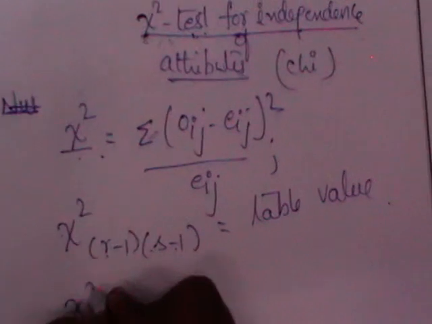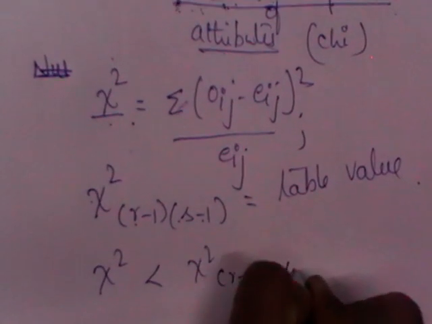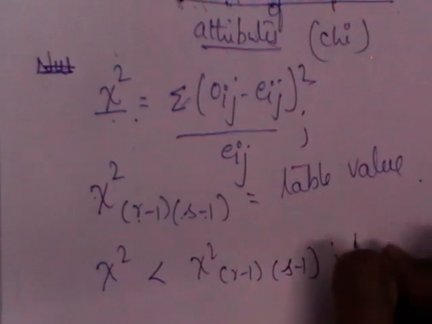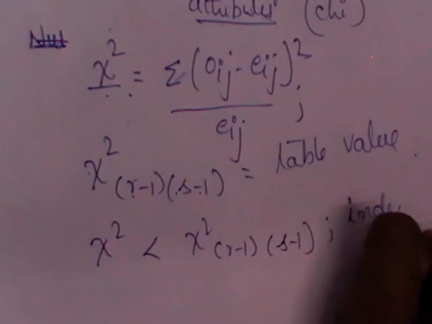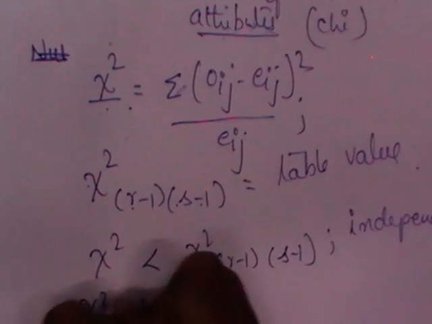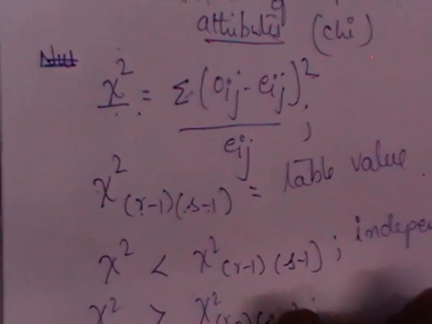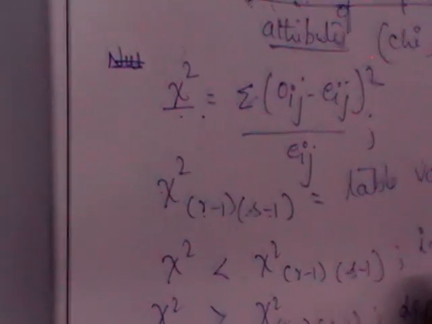Whenever the calculated chi-square is less than the table chi-square with r minus 1 into s minus 1 degrees of freedom, we conclude that the two attributes are independent. Whenever chi-square is greater than the table value, we conclude that the two are dependent on each other.